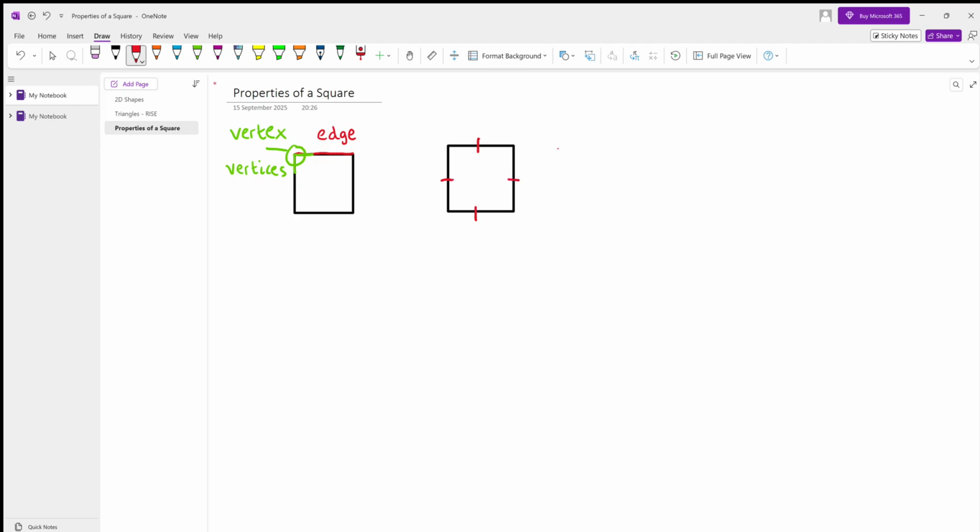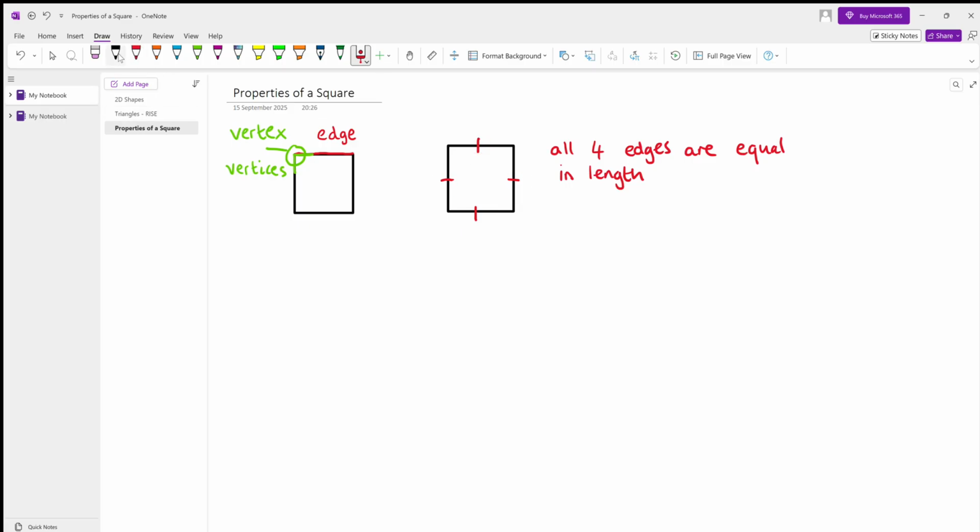Yep, all 4 edges are equal in length, and we show it with these little symbols. Let's get the laser out there, these 4 symbols.